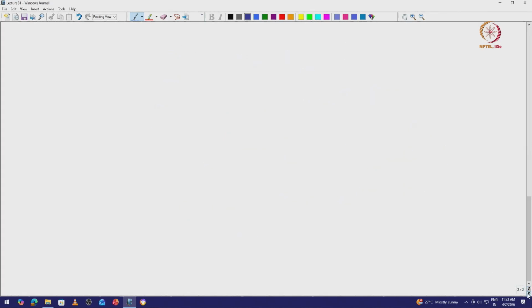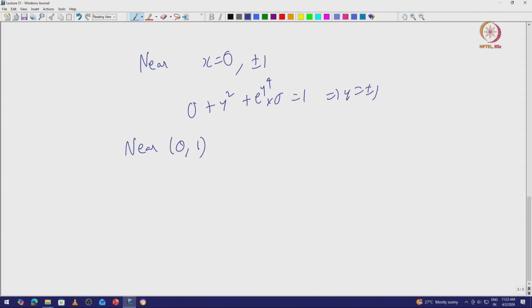So near the point x equals 0, if you take x equals 0, you'll get 0 plus y square plus e raised to y raised to 4 times 0 equals 1. So y is plus or minus 1. So this is a point that lies on this set. So at least near, let's say, 0 comma 1, what happens?